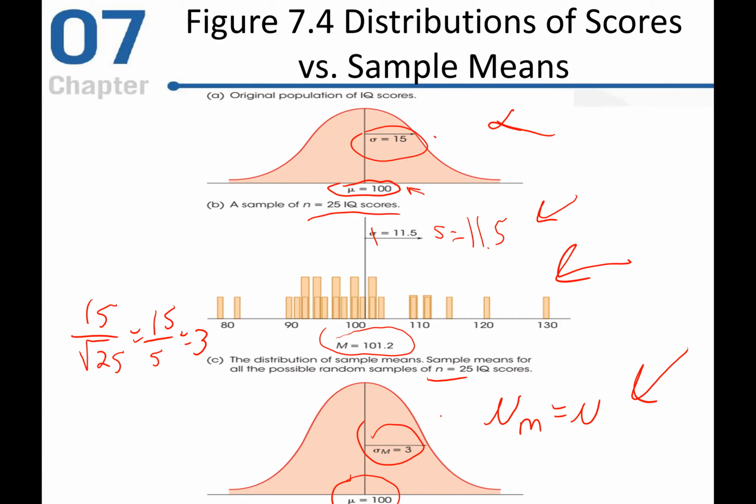And this one had a standard error of 3. So those standard deviations, from the original population of scores to one sample to a distribution of sample means, are all going to have different standard deviations and standard errors. All right.